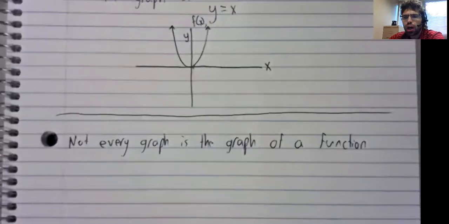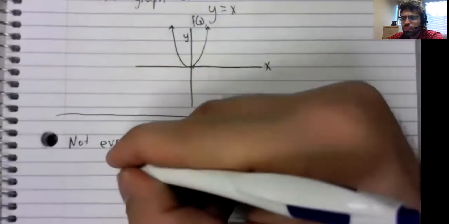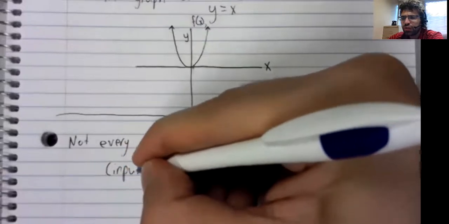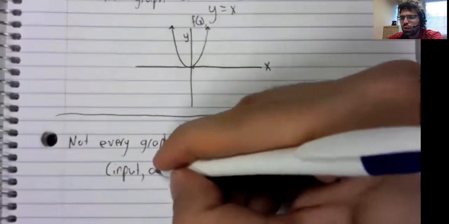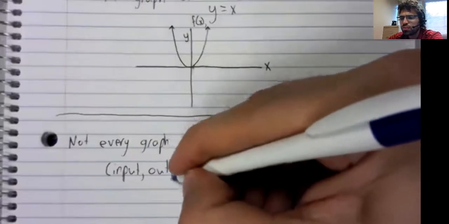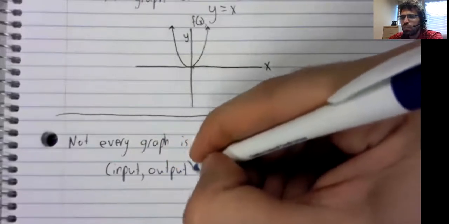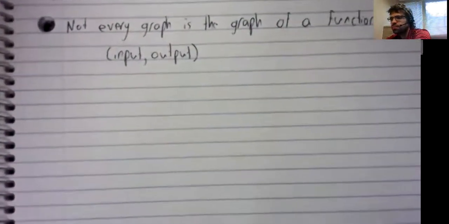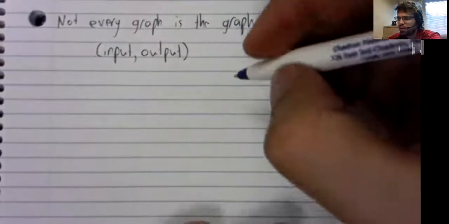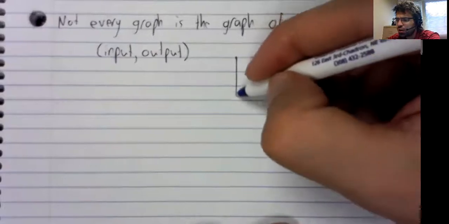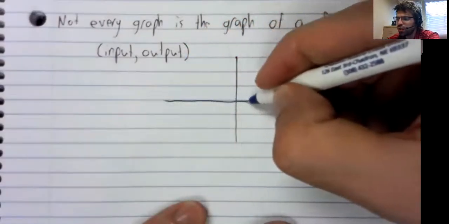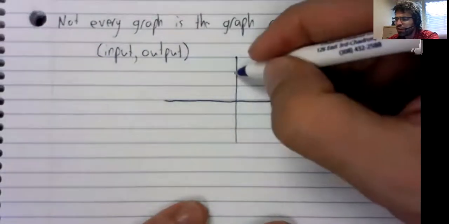Why not? Remember that points on this graph have the form input, comma, output. And consider the following graph.